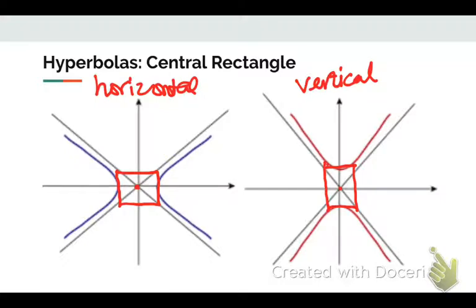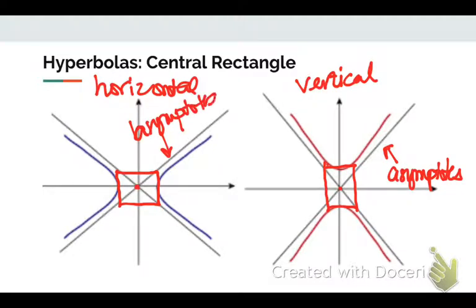And the diagonals of that central rectangle are your asymptotes. That's what causes the sides of those hyperbolas to move away and spread out, so they almost look like parabolas in some sense graphically.